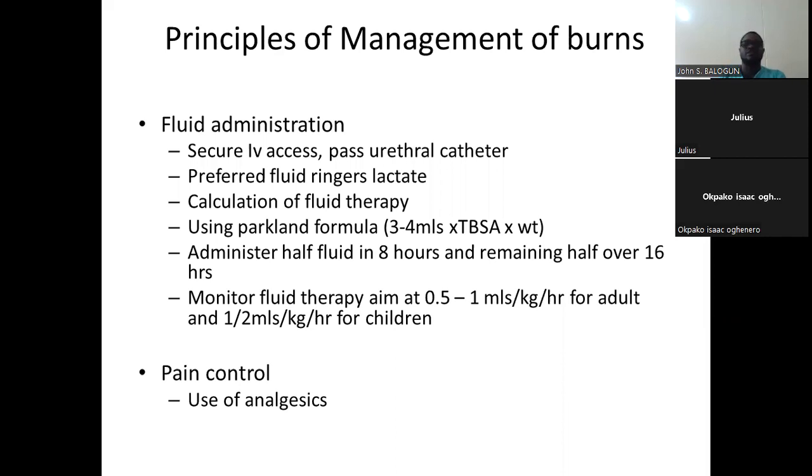Okay, for the Parkland formula, what it simply means is that it helps you calculate the amount of fluid that the patient may likely require. The formula is to use 4 mL times the total burn surface area you calculated, either by the use of Wallace's rule of 9, the rule of palm, or the Lund and Browder chart. You times it by 4 and times it by the patient weight.